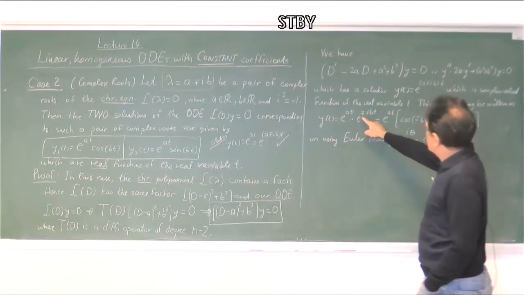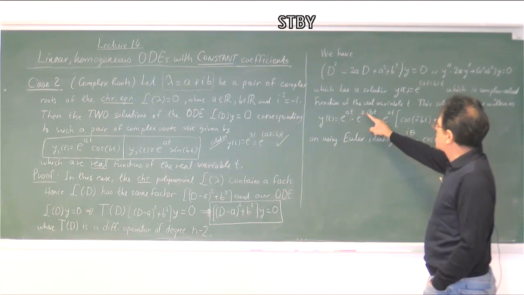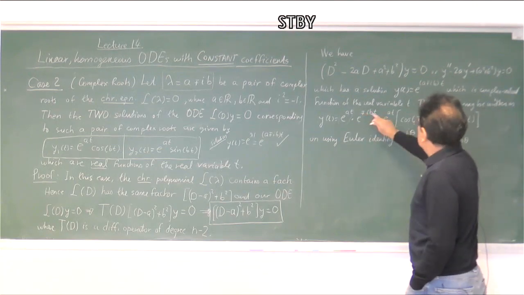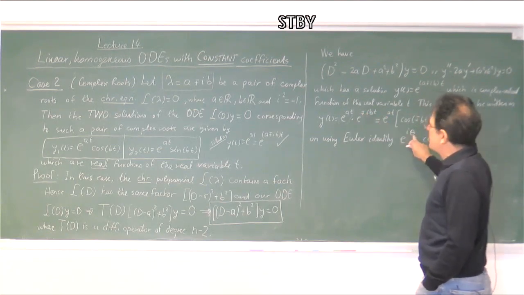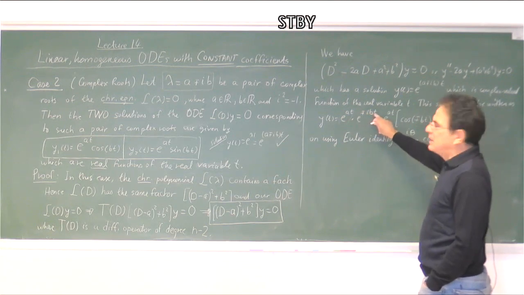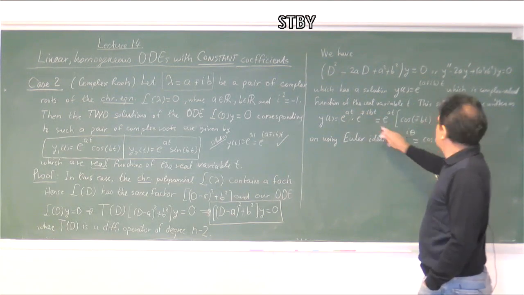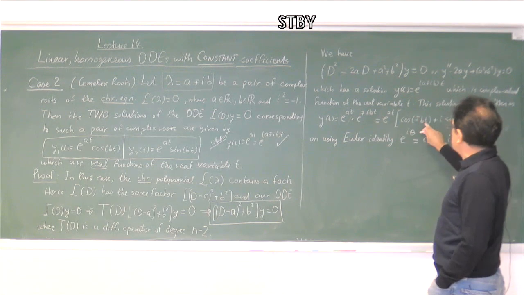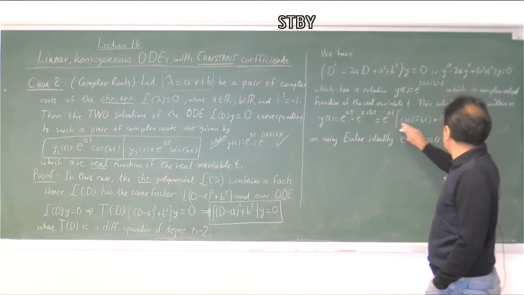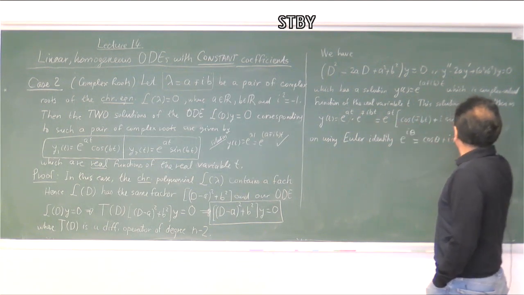As you remember, here in e to power plus or minus ibt, you can think that theta is plus or minus bt. Okay? So we have plus or minus bt as the argument of cosine and the argument of sine.